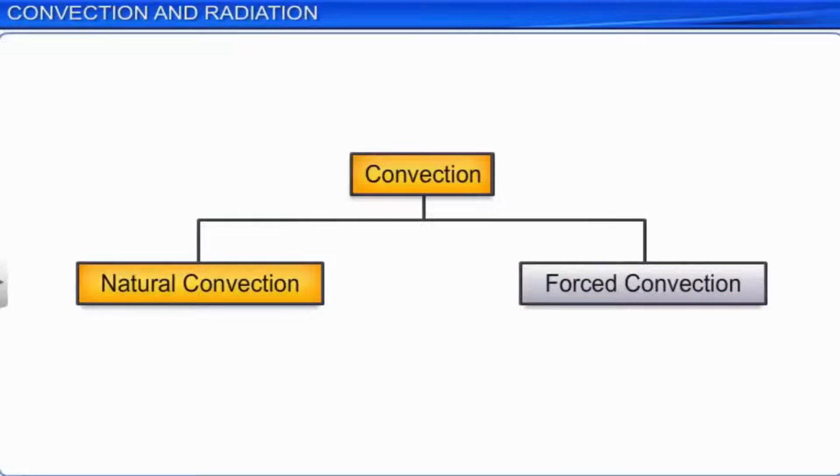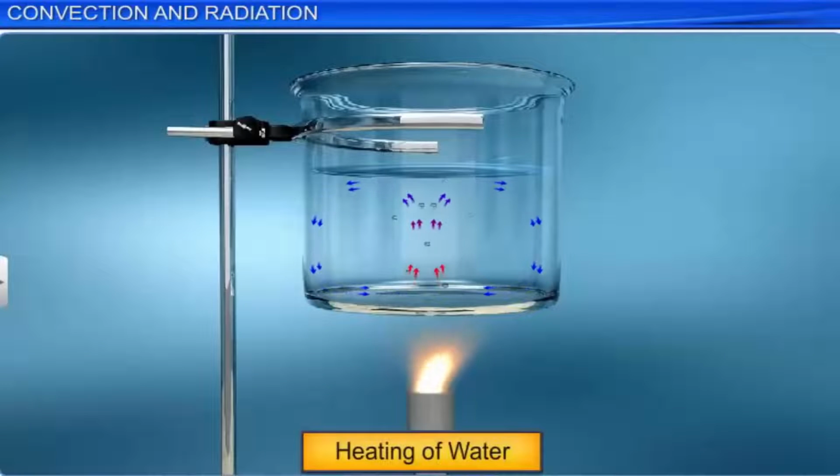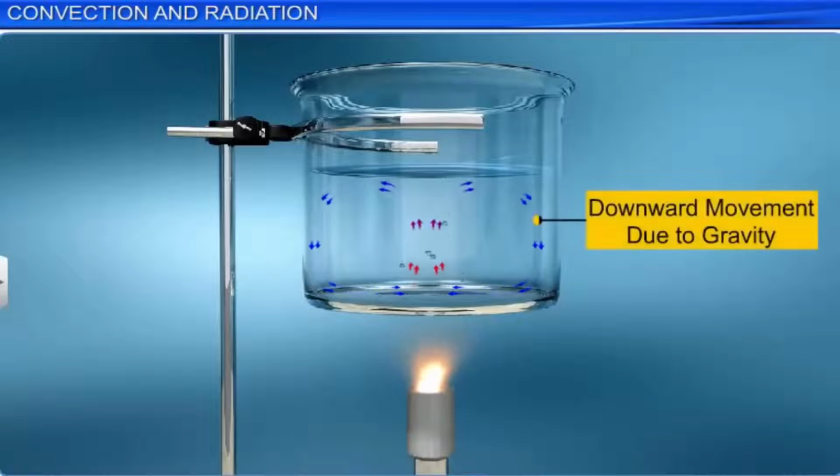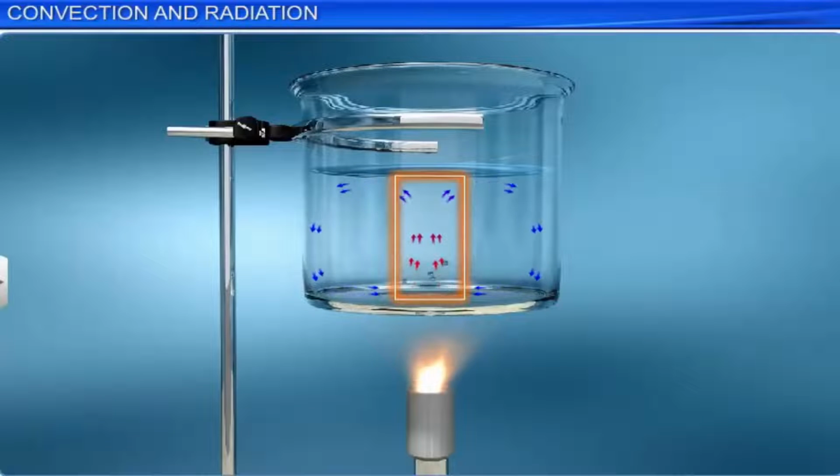If the convection is caused by difference in density due to thermal expansion, then it is called natural convection. The heating of water is an example of natural convection. Gravity plays an important role in natural convection. That is why, in natural convection, heating is always in the upward direction.